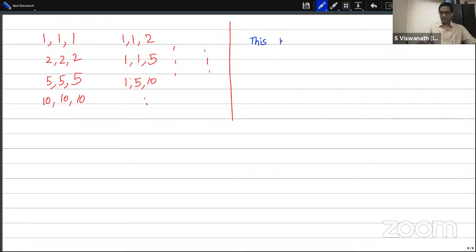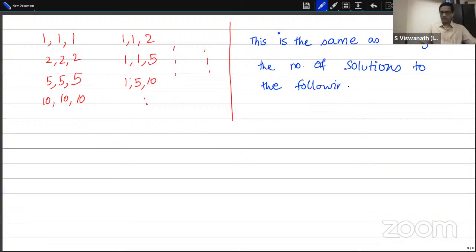Okay, so let's reformulate the problem. Sometimes that helps us. This is the same as asking for the number of solutions to the following equation. So there are 4 variables now.